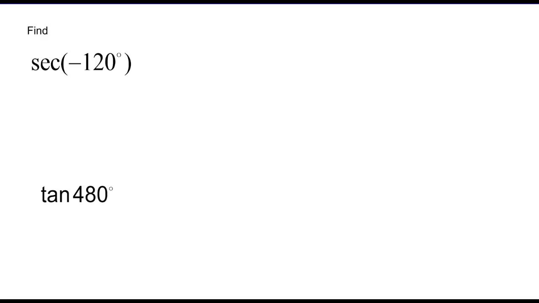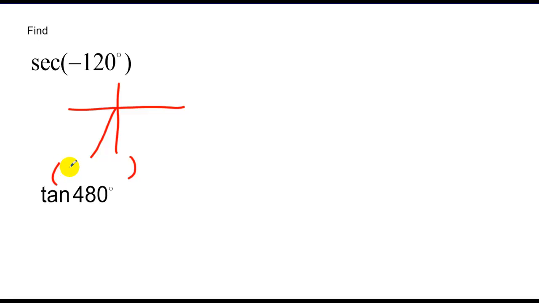Let's do a couple more. I'm going to go the secant of negative 120. Where is negative 120? Right down here. I've got to find my x and y values associated with negative 120.